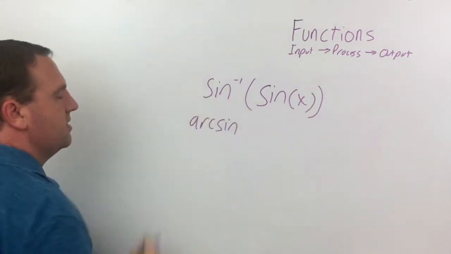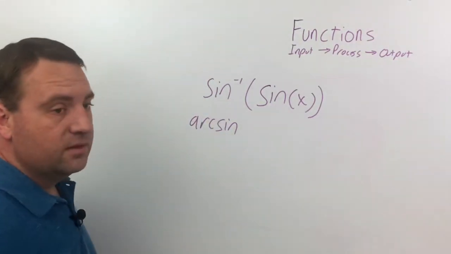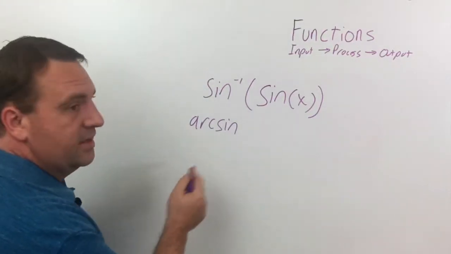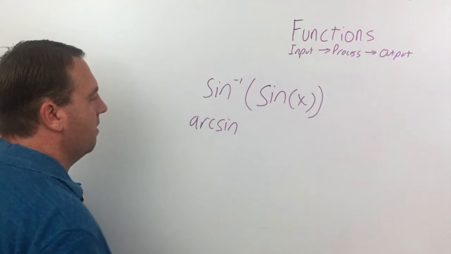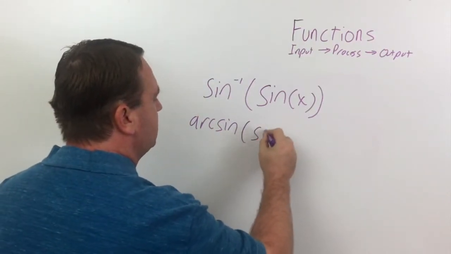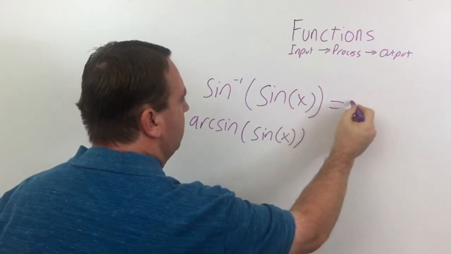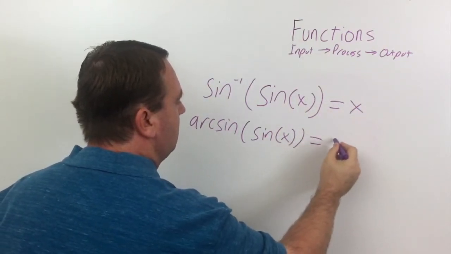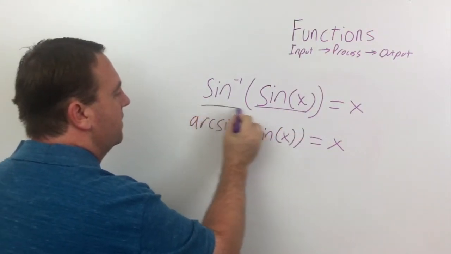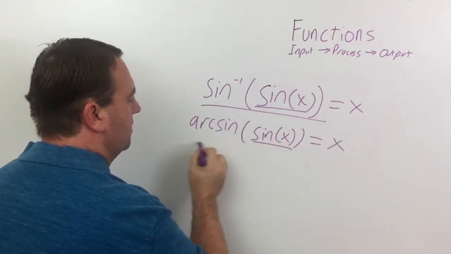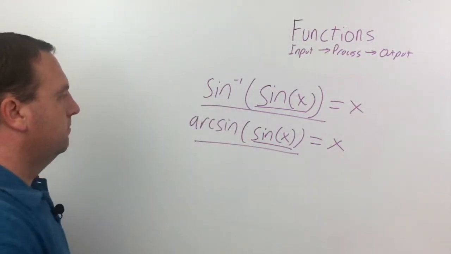So arc sine is the inverse of sine. These two are the same thing. The way that I think of it is that arc sine is the arch enemy of sine. It undoes everything that sine does. So arc sine of sine of x gives back the x, because this does the sine and this undoes the sine.